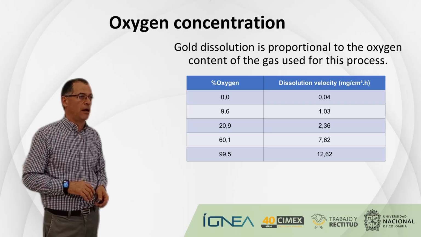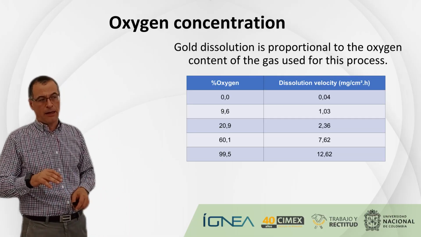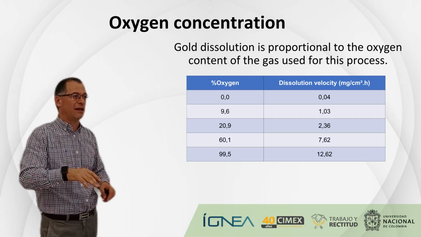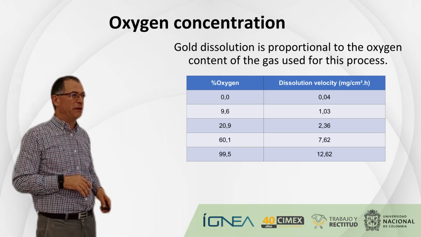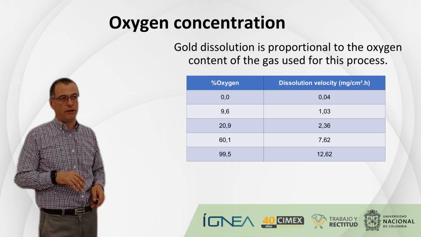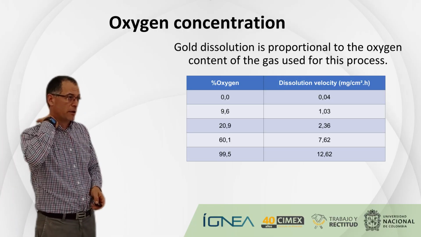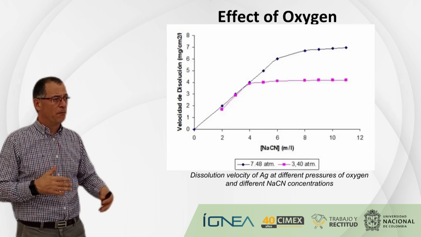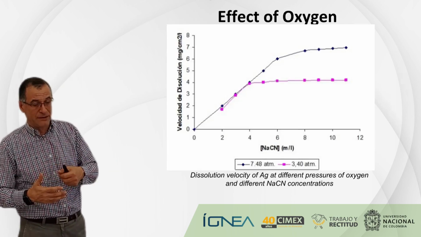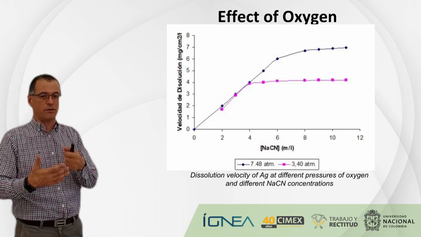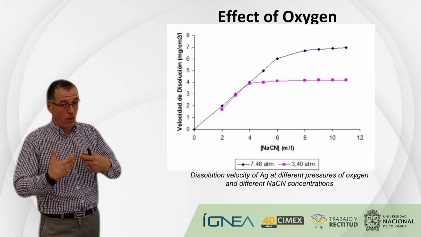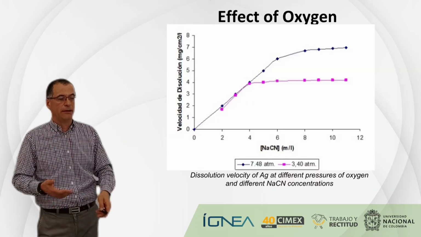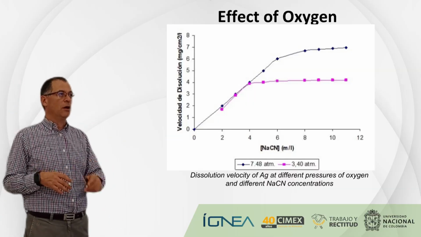Here I present a table about the different percentages of oxygen that could control the speed, or the dissolution velocity, of the reaction. It's important to define that when you increase the pressure of oxygen, it means you have more oxygen in the reaction. Maybe you could increase the velocity of the dissolution.